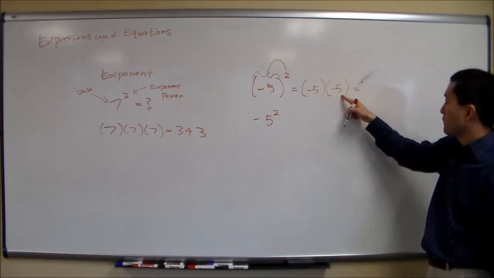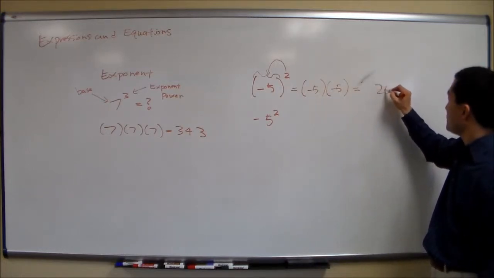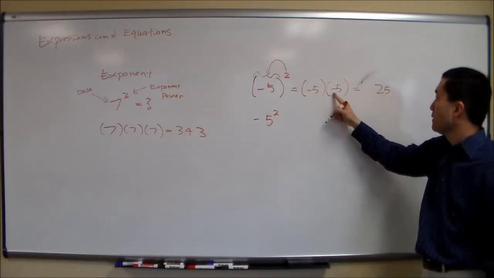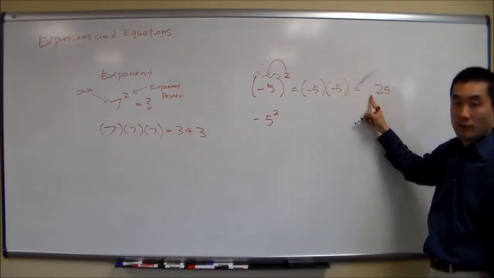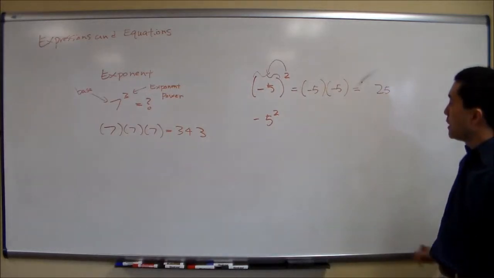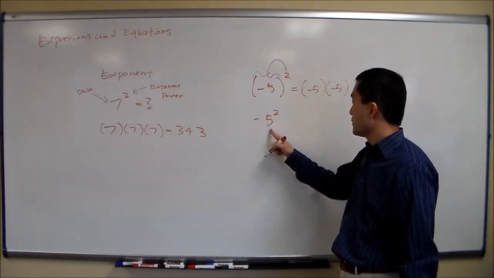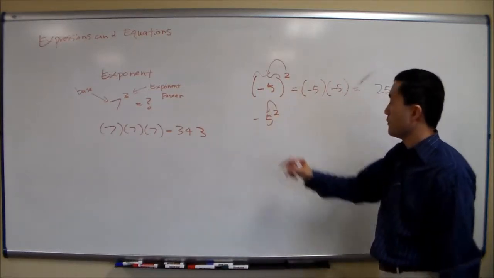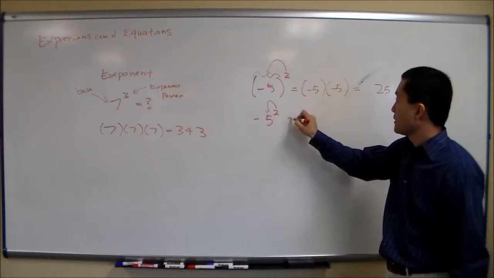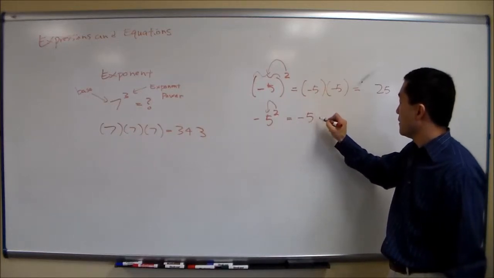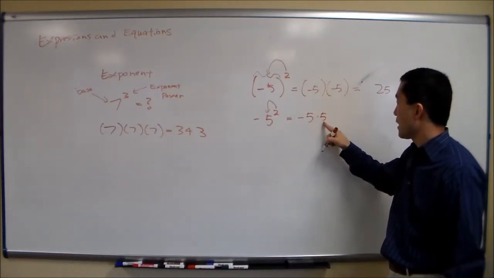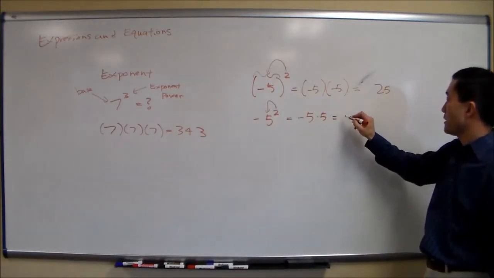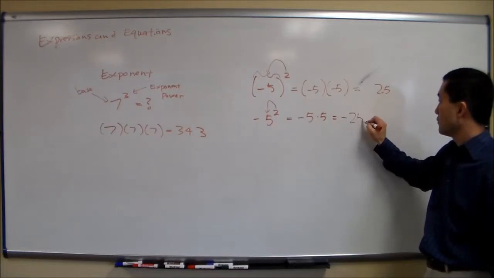That's 5 times 5, that's 25. And again, if you multiply two negative numbers, you get a positive number, so that's a positive 25. On the other hand, in this case, this 2 only applies to the 5 in front, not to the -5. So that's the same as saying 5 times 5, and then there's a negative sign. So in this case, the answer is -25.